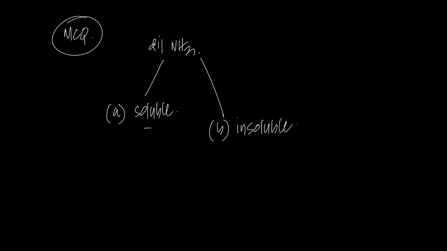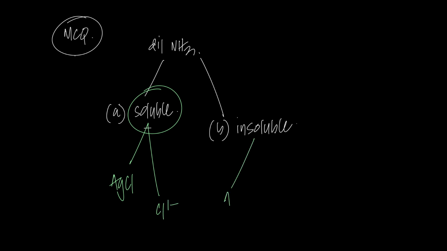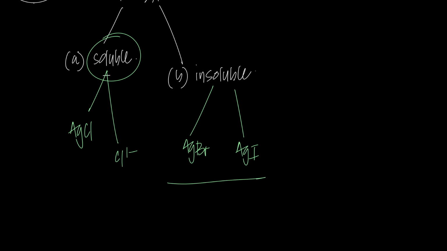Well, the compound is silver chloride, because if it's soluble with dilute ammonia, it is silver chloride, and therefore you had the chloride ion, right? If it's insoluble, it can be either silver bromide or silver iodide. And so now I have to further get into another test, which is what? If it's insoluble, I add conc ammonia now.